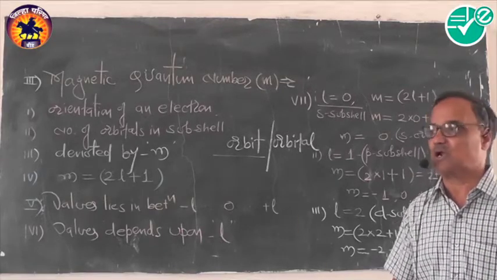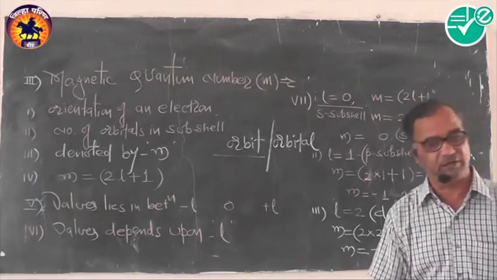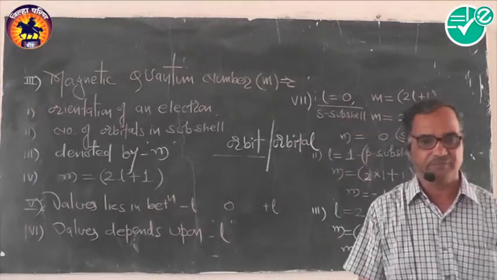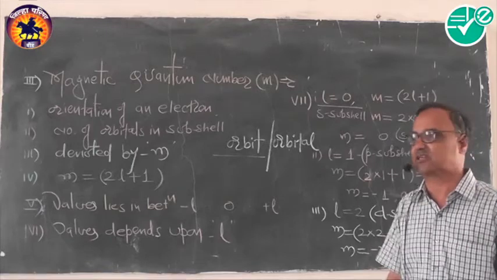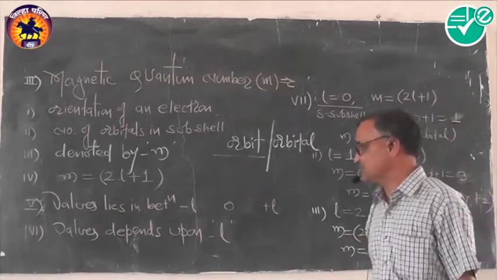So 0, 1, 2, 3 means s, p, d and f respectively. From this formula we can calculate the values of m, that is the number of orbitals present in the s, p, d and f sub-energy levels respectively.